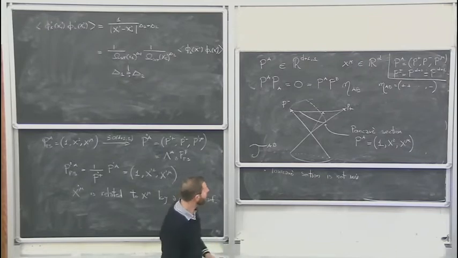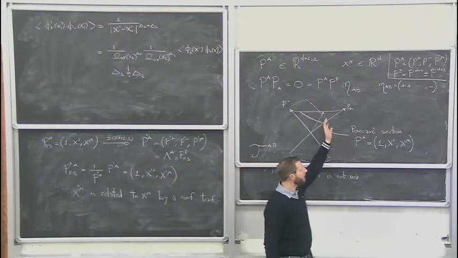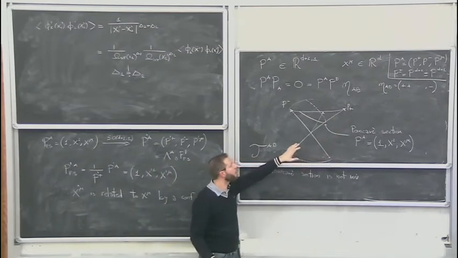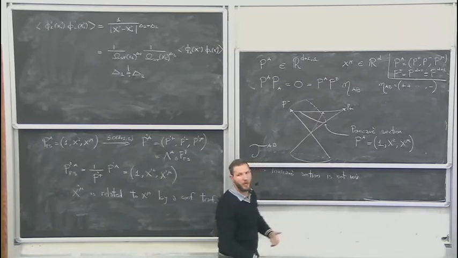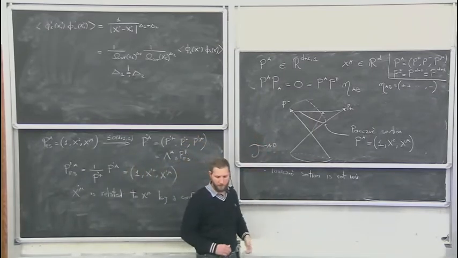Okay. So in order to use this formalism, we have to define how our fields in the original space-time R to the D are lifted when we go to the embedding space.